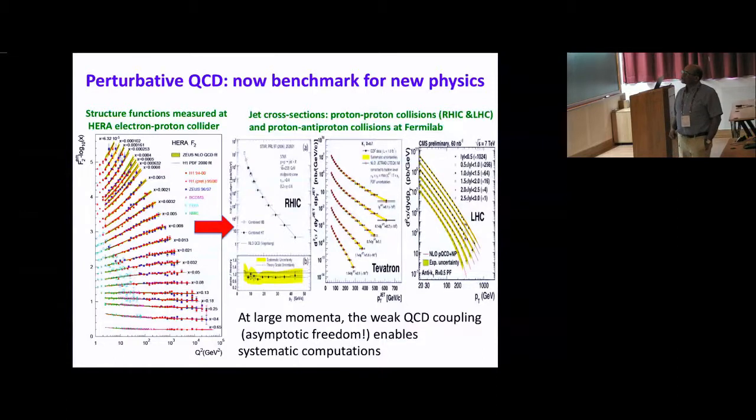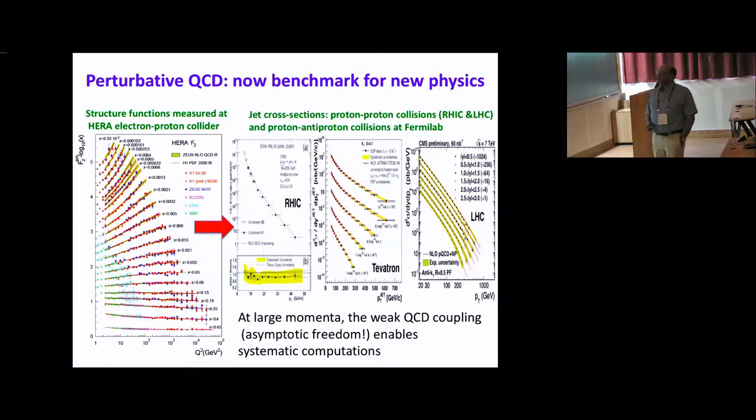These are the parton distribution functions. And these parton distribution functions could be used as inputs into the calculation of, say, jet cross-sections. So this is data from RHIC, the Tevatron, and the LHC for a range of what are called rapidities. These are logs in x, roughly. And so you see beautiful agreement across many, many orders of magnitude.